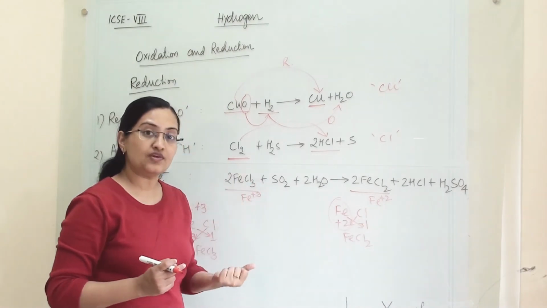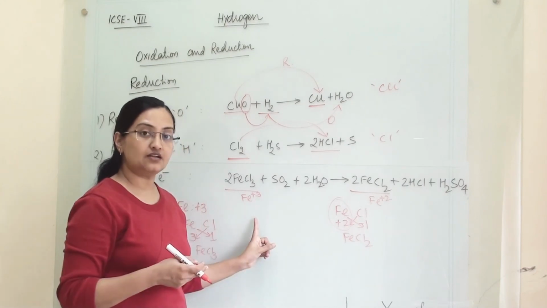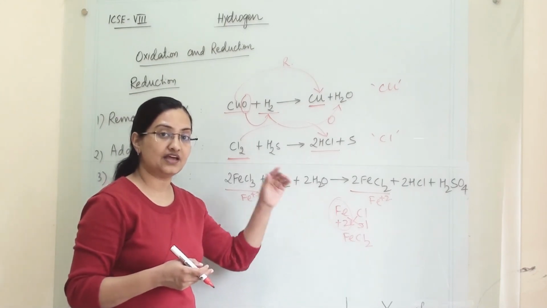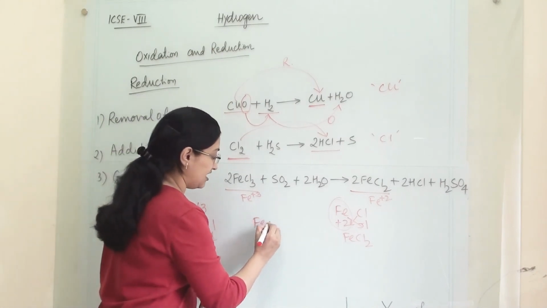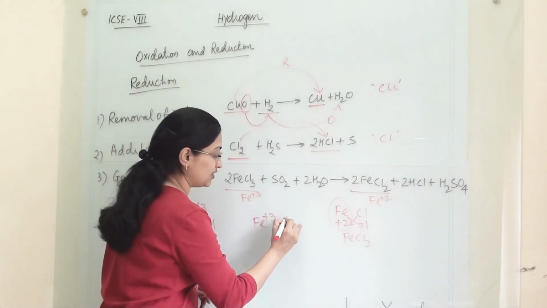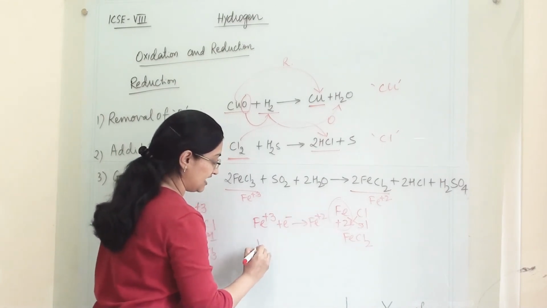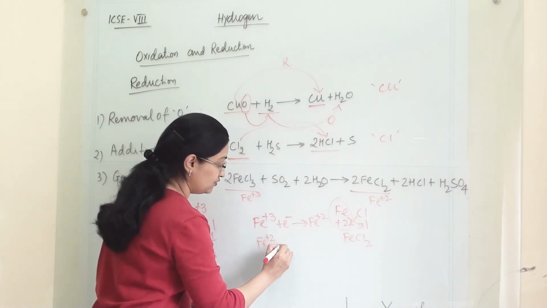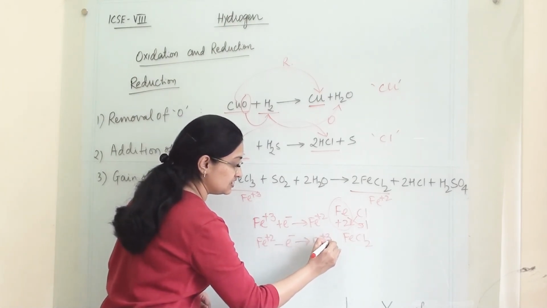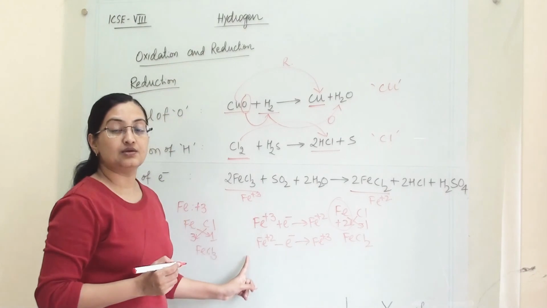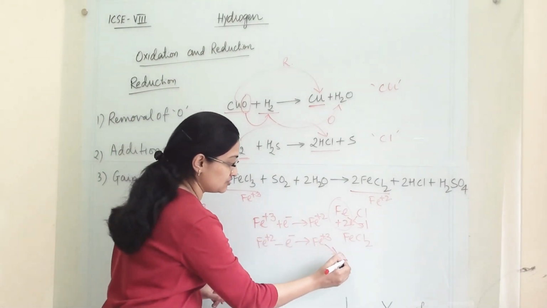If we are removing electron, then one plus charge will be added to that. This atom has gained electron, then plus charge will reduce. So when Fe plus 3 will gain one electron, it will become Fe plus 2. When Fe plus 2 will lose one electron, then it will become Fe plus 3. This point is important to understand. So this is termed as oxidation.